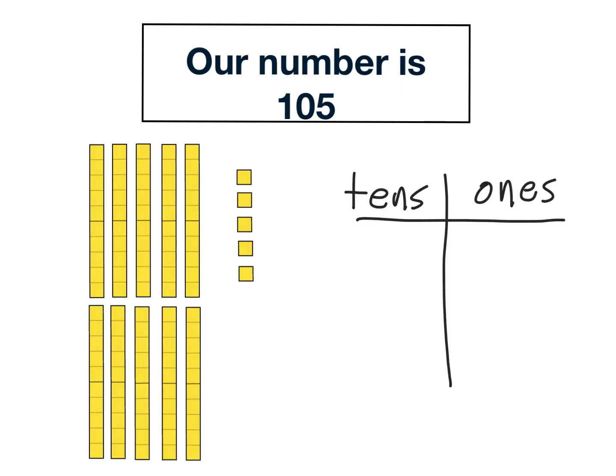Now we can put our vocabulary to work. Here we have the number 105. We'll start by first counting our rods, or our units of 10, for the tens place.